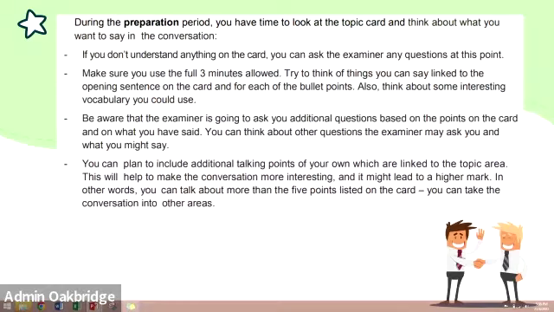You can take the conversation into other areas, but it has to be related to the topic. For example, if the topic is something about school, you cannot talk about food. It's very irrelevant. So stay according to the topic and share your ideas. This is for the preparation period.